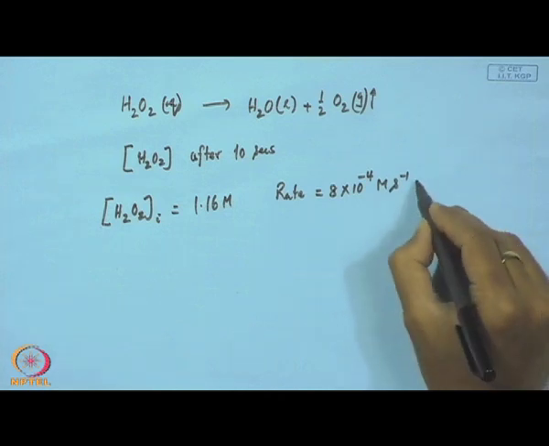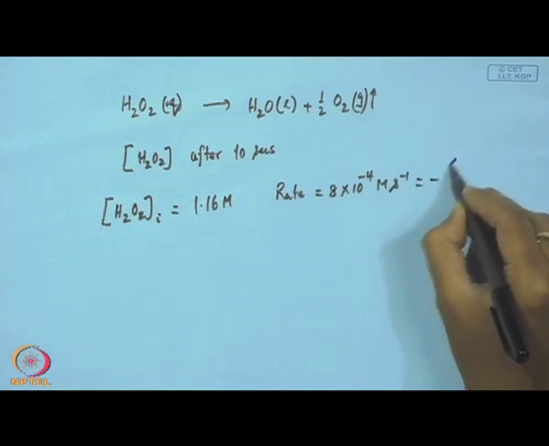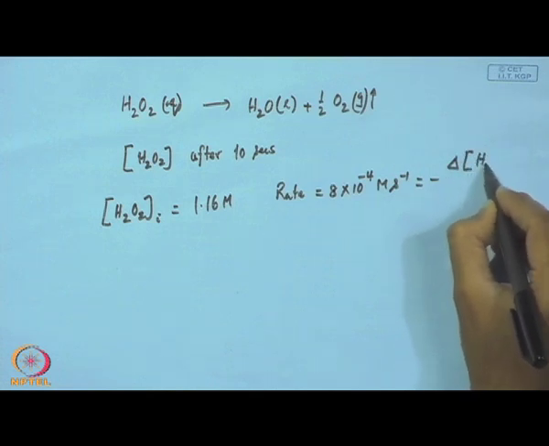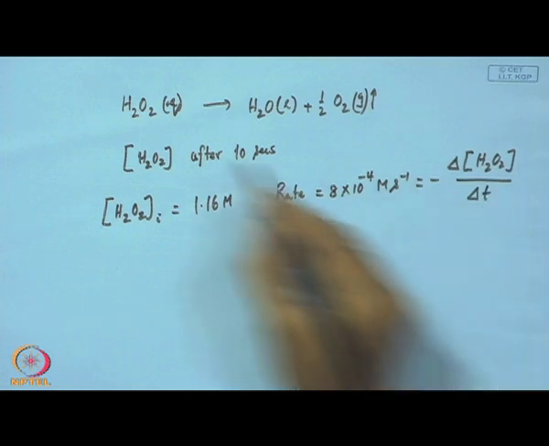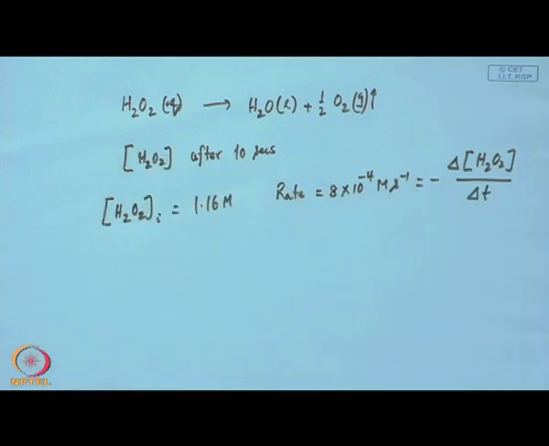Which is equal to minus of delta [H2O2] divided by delta t, why minus? Because it is depleting.